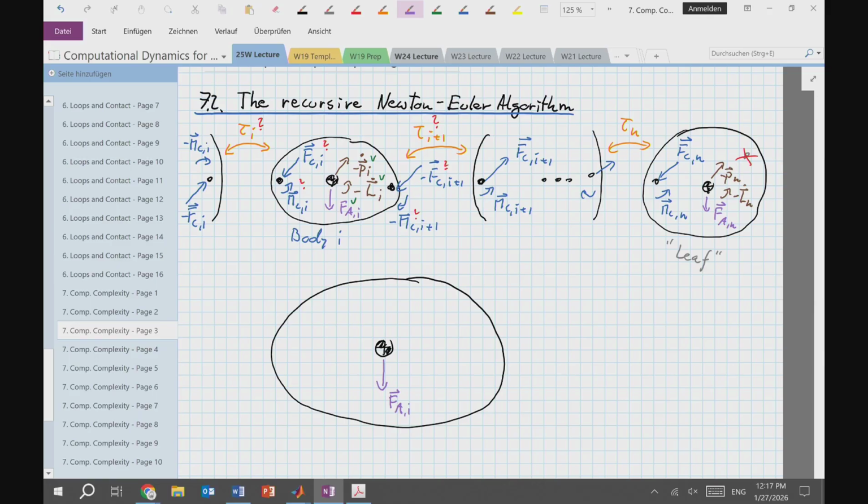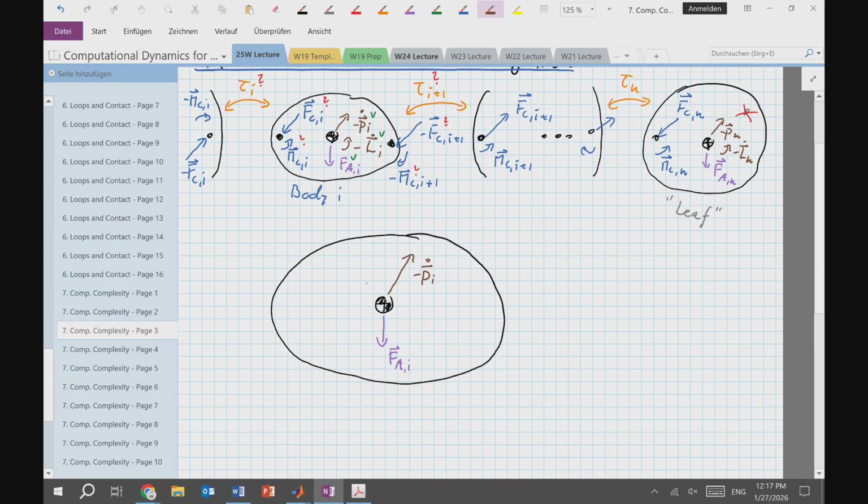If I have an external force that acts off-center, I could replace it by an equivalent force at the center of mass plus some free moment. The D'Alembert forces, so minus p i dot, act definitely at the center of gravity, and my D'Alembert torque is a free torque, which is expressed about the center of gravity as well.